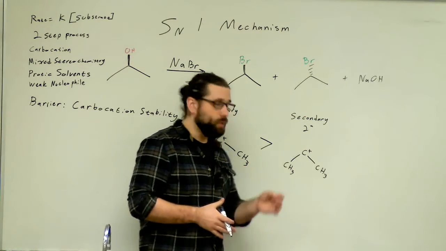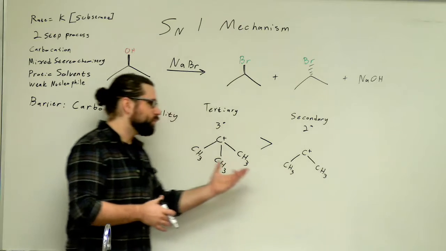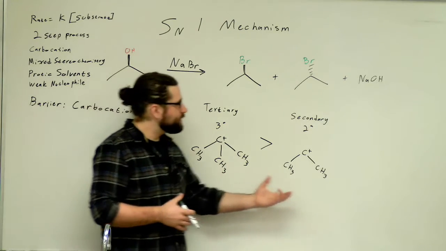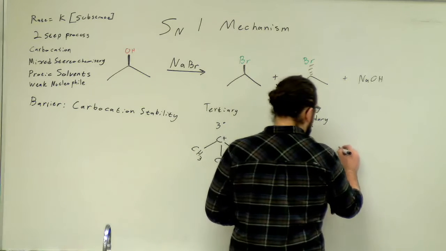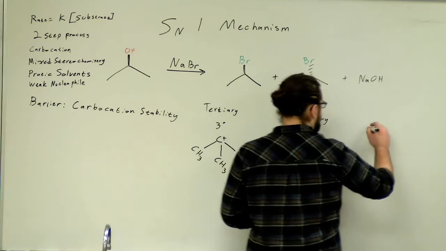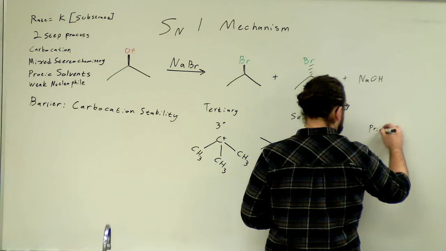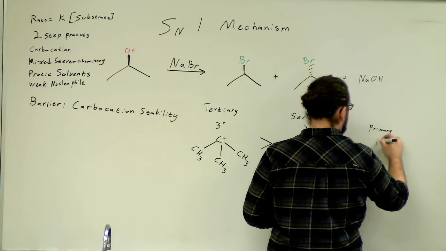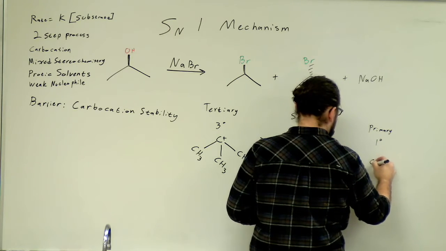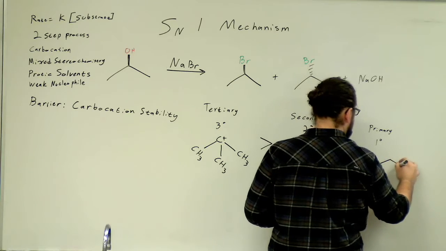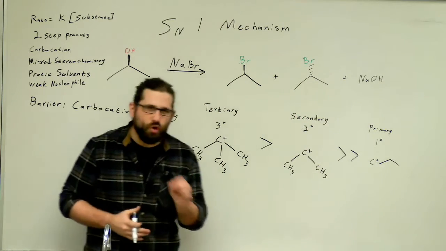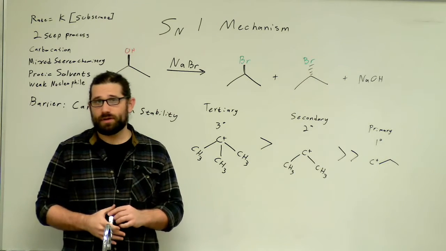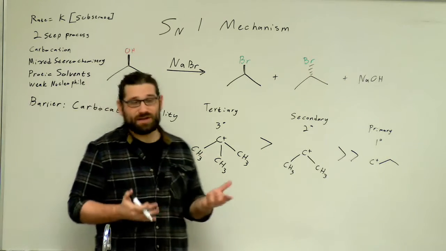Secondary groups are going to also be able to stabilize that, not as well as the tertiary, but still predominantly well. And those are going to be much, much better than primary substituted carbons. Primary substituted carbons are going to work so poorly for the SN1 mechanism that they're basically not going to happen.